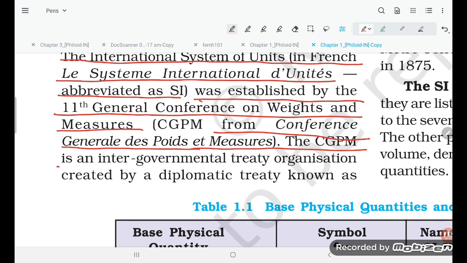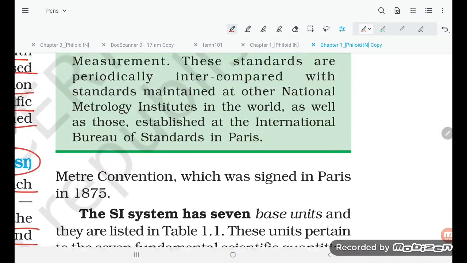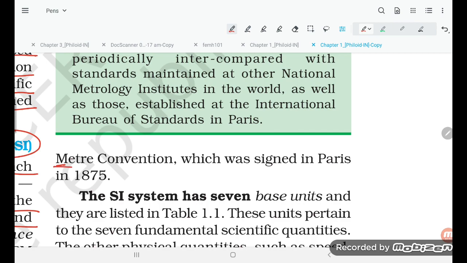The CGPM is an intergovernmental treaty organization created by a diplomatic treaty known as the Metre Convention, signed in Paris in 1875.